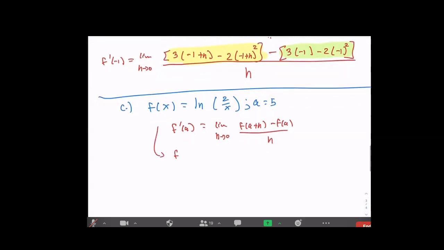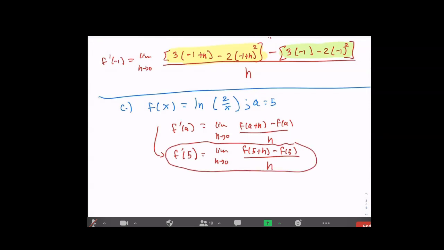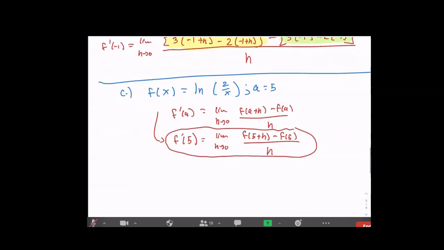This is typically the earliest place I'll start: the limit as h approaches 0 of f of 5 plus h minus f of 5 all over h. I typically start right around here, with the definition of the derivative at 5. And that means it's only a 2-step problem.